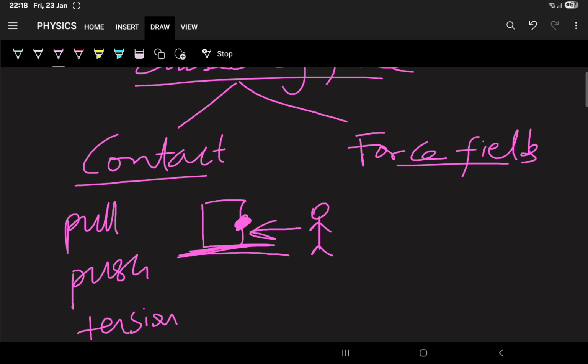Now, in terms of push, I'm not going to use a string, but I could use a rigid pull. For instance, let's assume instead of a string, I have a rod connected to the body. I can use this rod to push it in that sense.